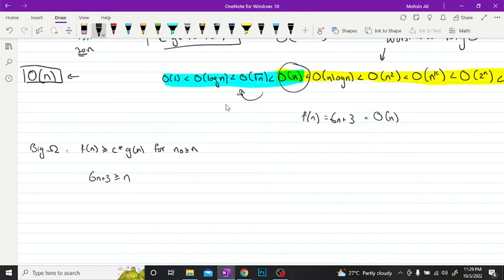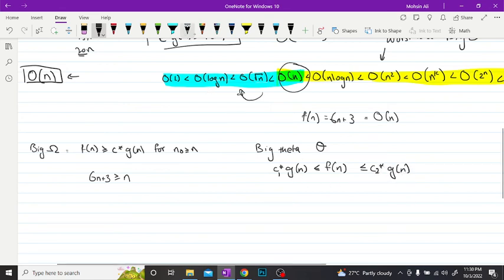My last thought on this topic is going to be for big theta. Big theta is just going to be f of n, where you have some c1 constant times g of n and some c2 times function g of n.